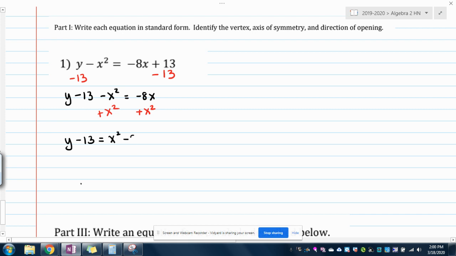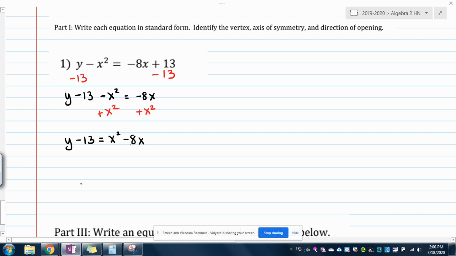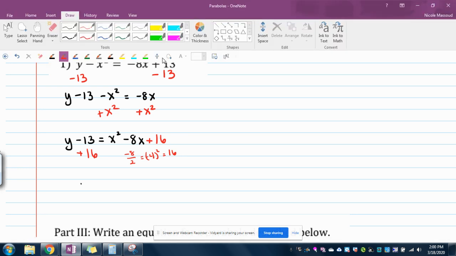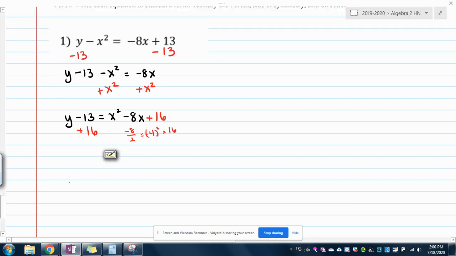Completing the square, if I cut -8 in half, it's -4, and I square it, it's 16. So plus 16, plus 16. Let's make some room here. And so I get y, -13 plus 16 is 3, equals (x - 4)^2. That is standard form.